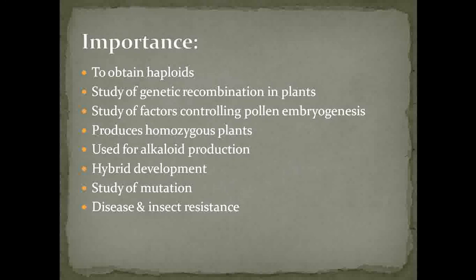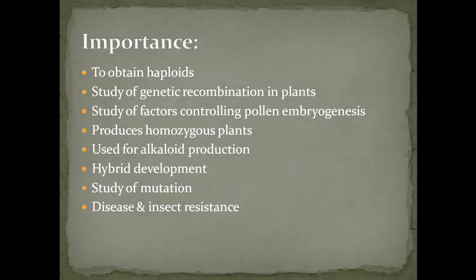So see what the importance of anther culture is, and why we have to carry out anther culture. The main aim is to obtain haploids, then to study genetic recombination in plants. By using anther culture we can easily check them. Then the study of factors which control pollen embryogenesis can be done using anther culture. Then to produce homozygous plants; basically anther culture is used for alkaloid production and for the development of hybrids.